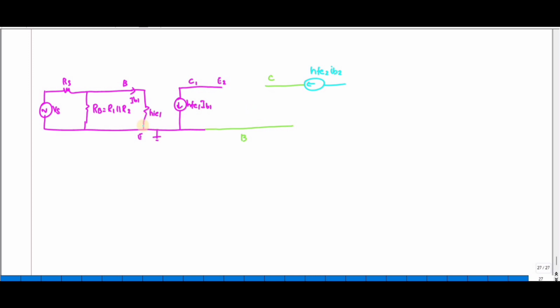From base to emitter you have one resistance, which is HIE2. The current flowing from base to emitter is IB2.